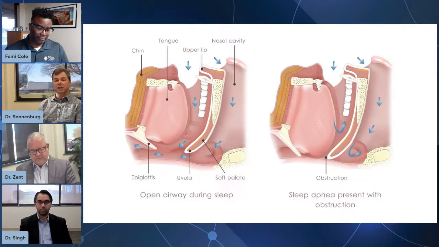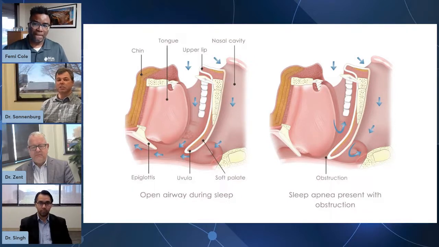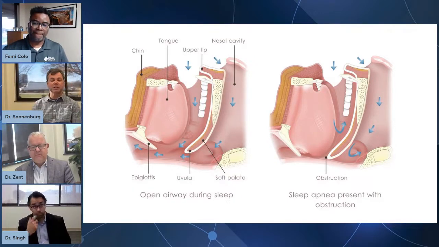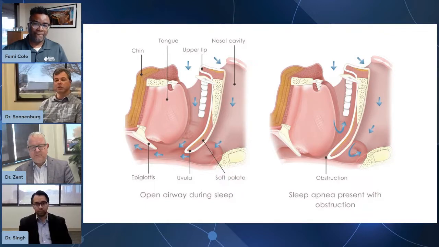Normally the tongue and the palate and the walls of the throat stay open because there's a certain degree of muscle tone present. In all of us, when we go to sleep, that muscle tone decreases, but in individuals who have obstructive sleep apnea, the muscle tone decreases too much, and it allows the upper airway to collapse or close.